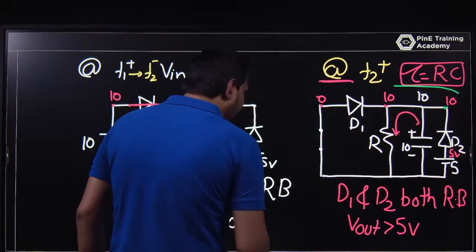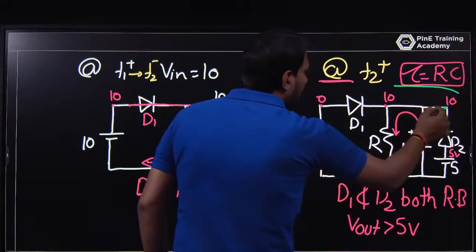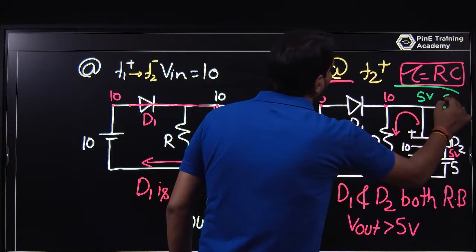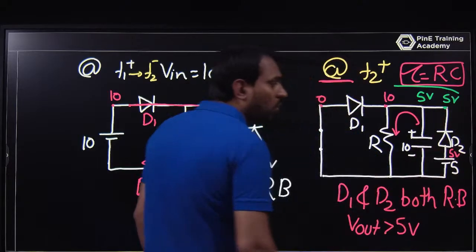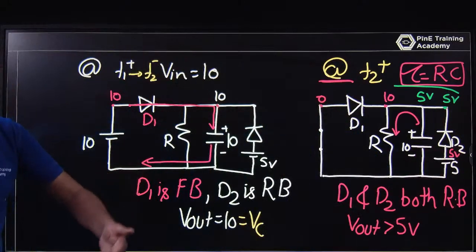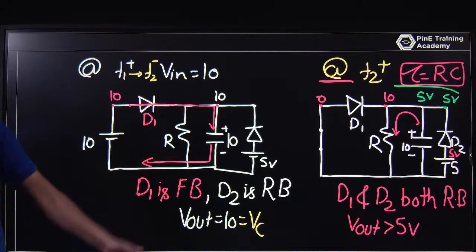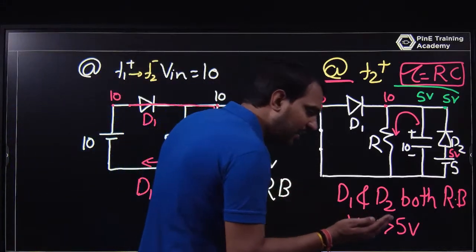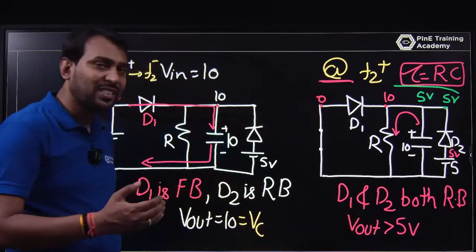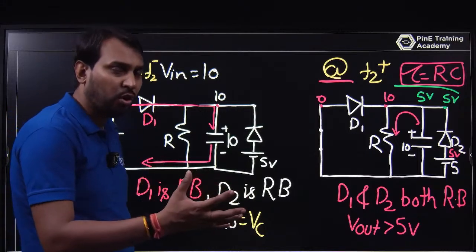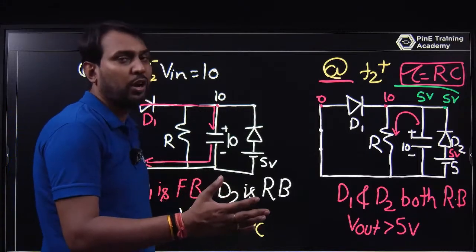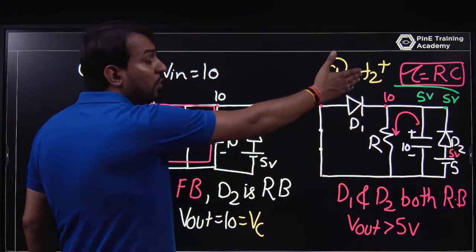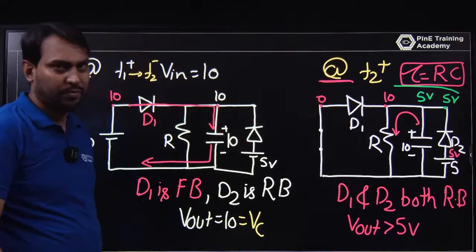Once it becomes 5, this D2 will try to become forward biased. It is just like the capacitor discharging with the time constant of RC from 10 volt to 5 volt. But once you go below 5, the 5 volt supply makes D2 forward biased and it will remain at 5 volt.